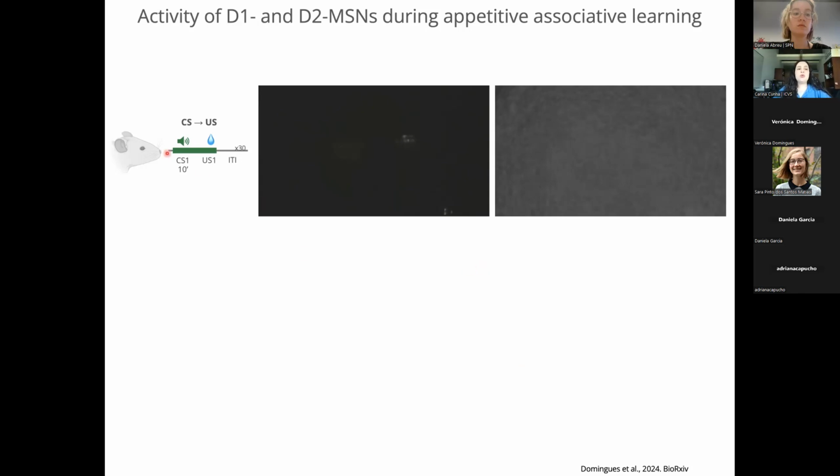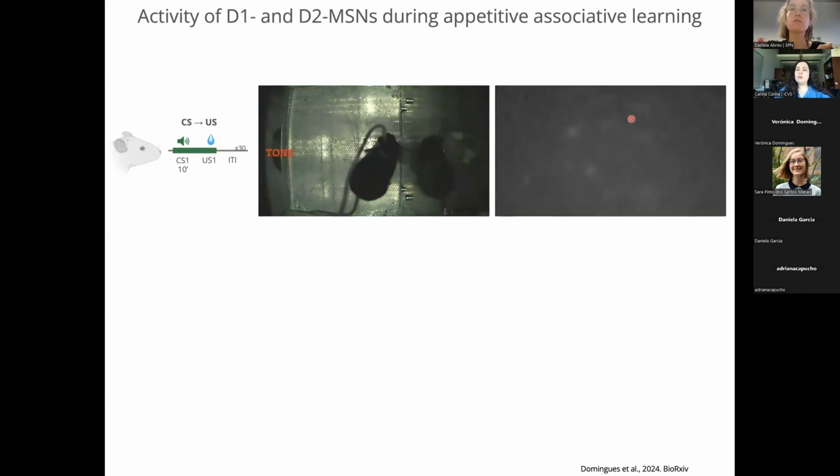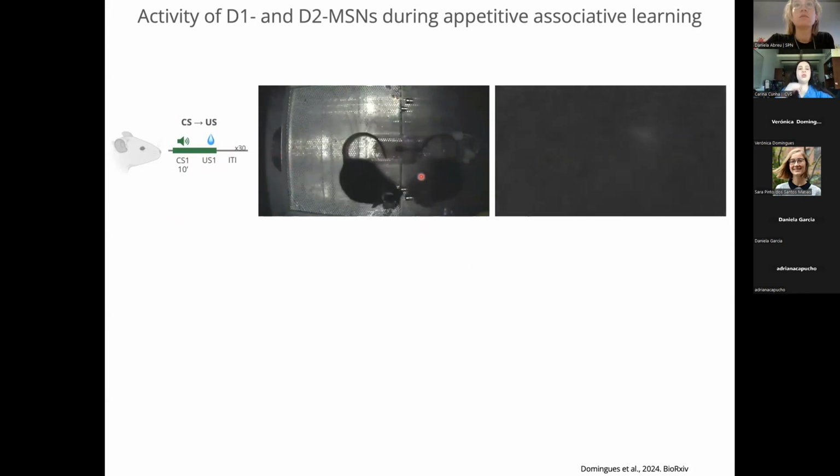Basically, we expose mice through several days to a cue, which in our case is a compound of a tone and the house light being turned on, and 7 seconds after the beginning of the cue, the animals receive a droplet of sucrose in the box. We do this while we are recording the activity. So we see here the tone and the house light turning on, and eventually the reward will be there, and the animal will move towards the poke to receive the reward.